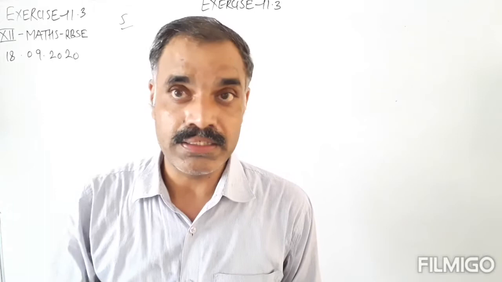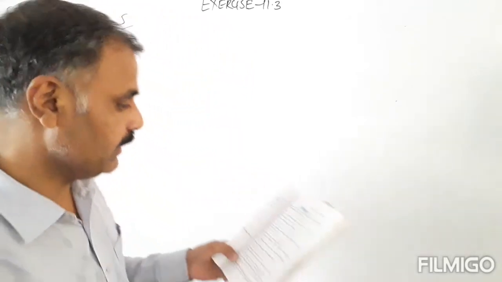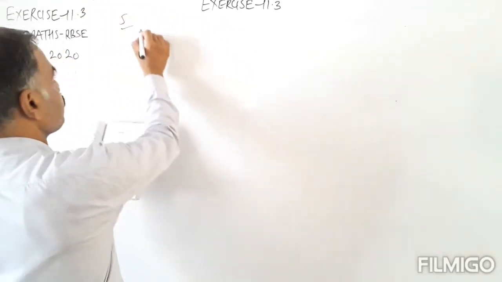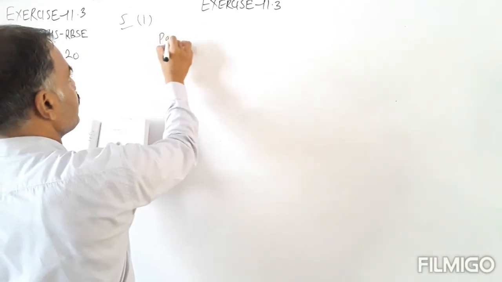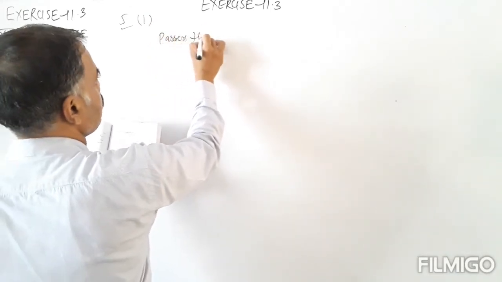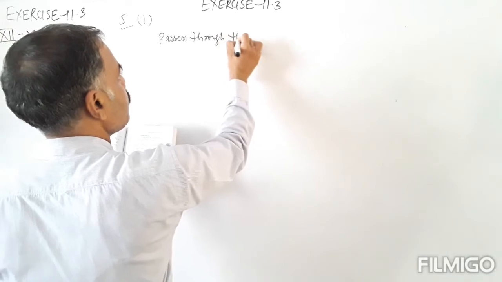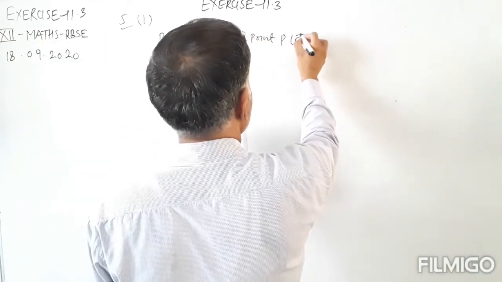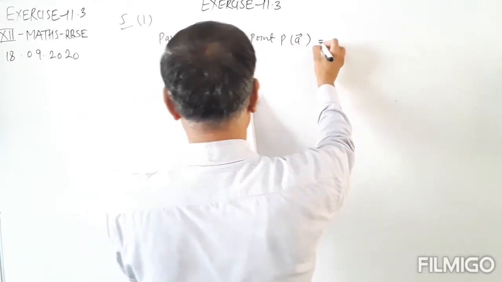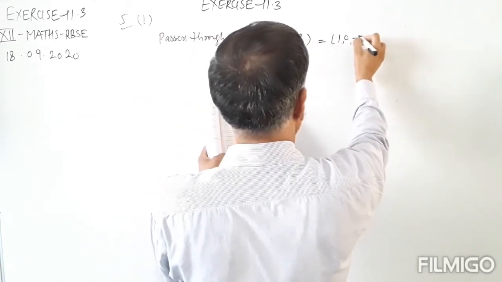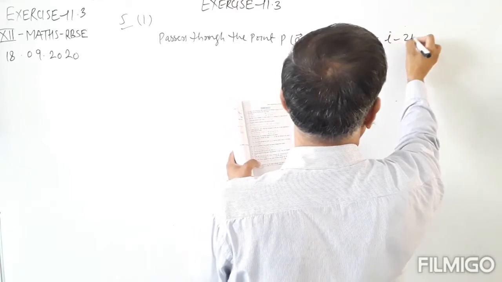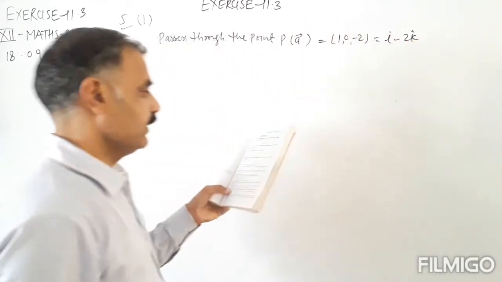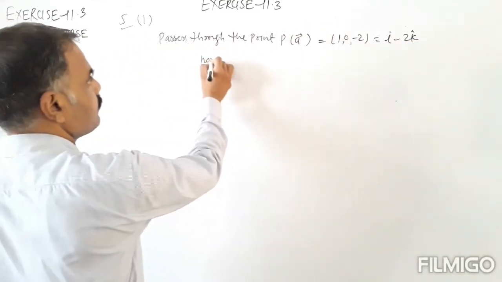Vector and Cartesian equation of the plane that passes through the point P with position vector a vector equals 1, 0, minus 2, that is i cap minus 2k cap, and is normal to the plane.